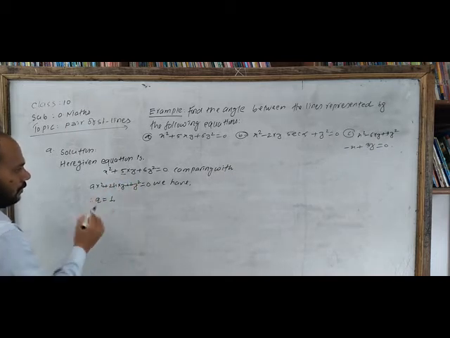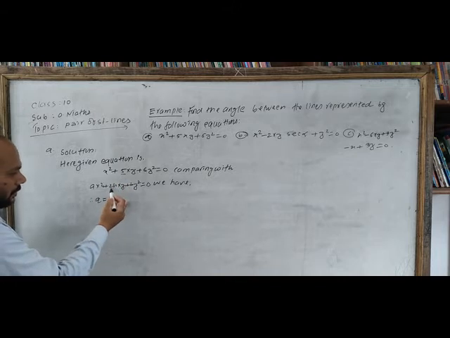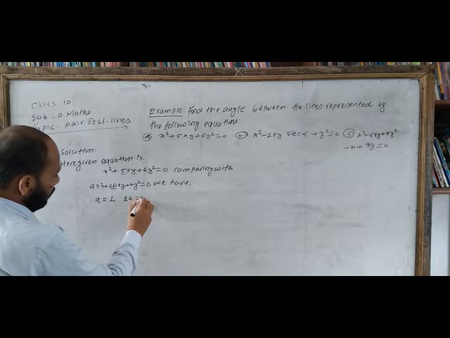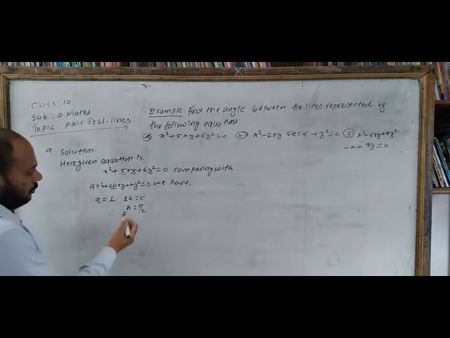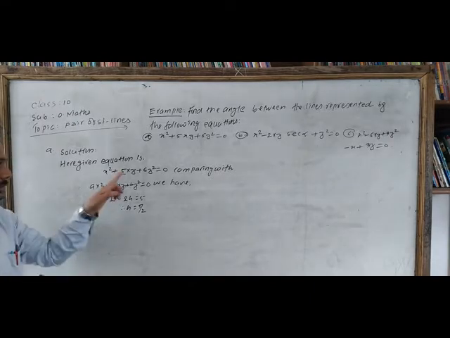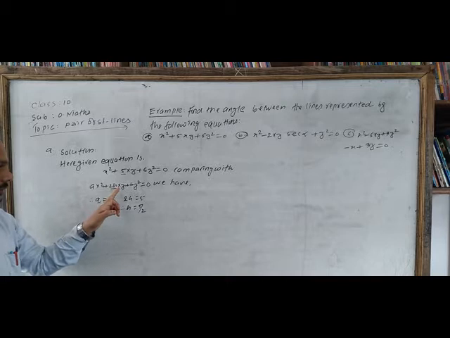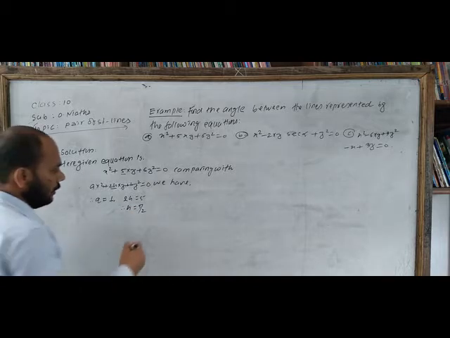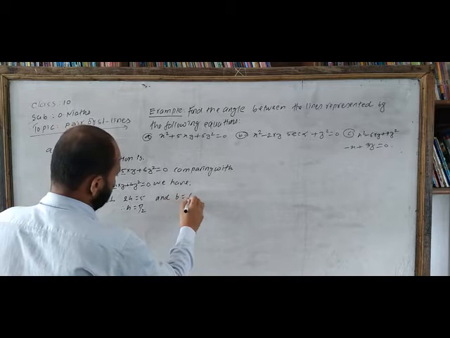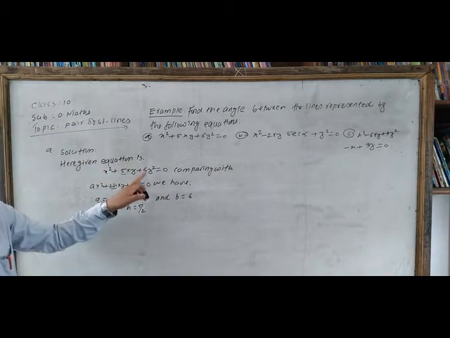The coefficient of xy is 5 and in the standard form it is 2h, so 2h is equal to 5, therefore h is equal to 5 by 2. And also we have b is equal to 6.